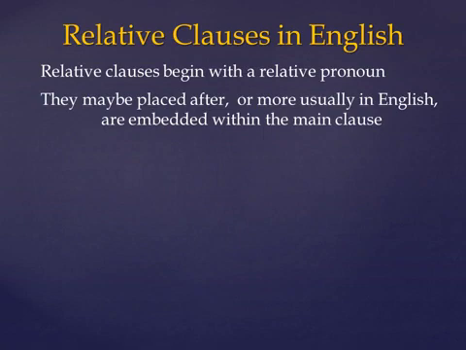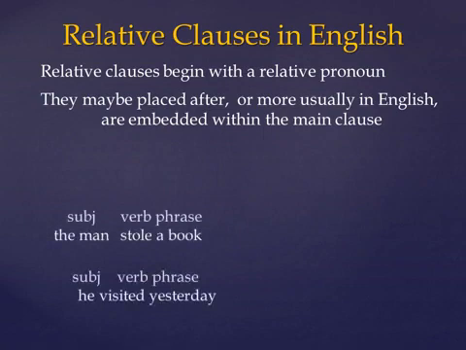The first thing to notice is that the clauses actually express two separate thoughts, which are linked by a common thing. So if we take the example, "The man stole a book and he visited yesterday," we can see the subjects of both sentences refer to the same thing, the man. So it is this noun phrase, "the man," that a relative clause will modify.